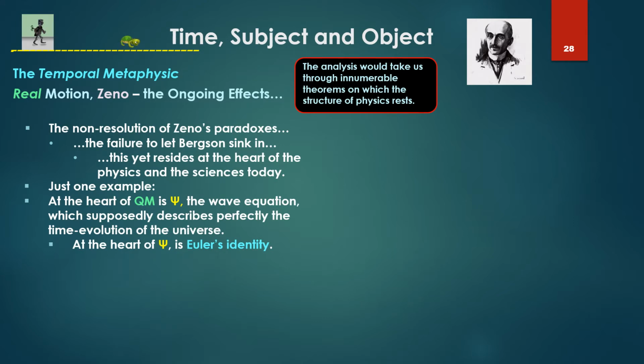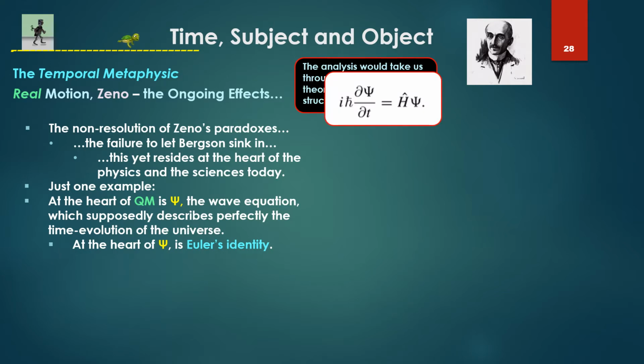But just one example: at the heart of quantum mechanics is psi, the wave equation, which supposedly describes perfectly, at least according to some, the time evolution of the universe. At the heart of psi is Euler's identity. So we have psi and we have Euler's identity, e to the i pi plus 1 equals 0. For Feynman, this identity, Euler's identity, is our jewel.